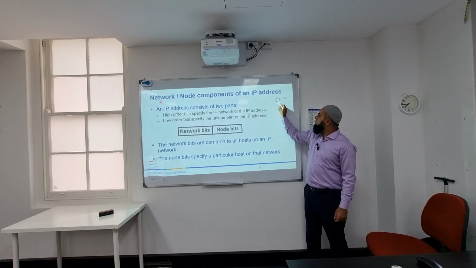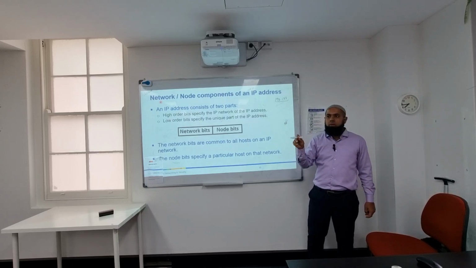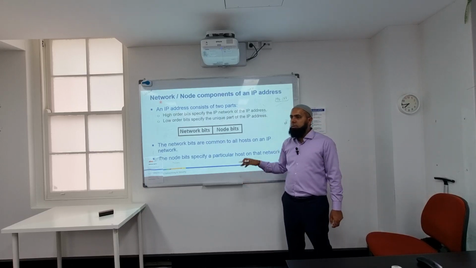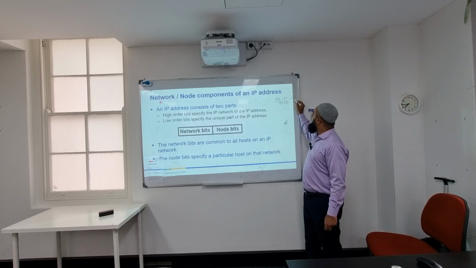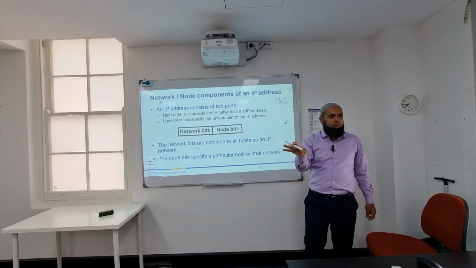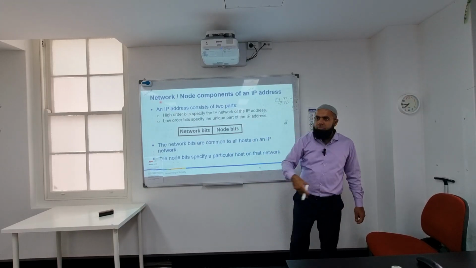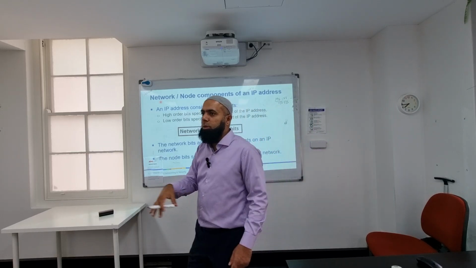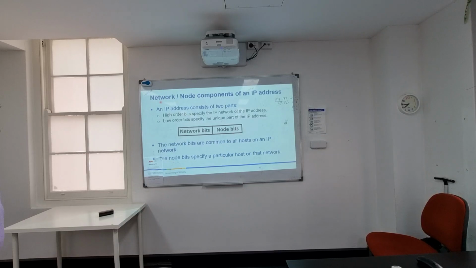It means that this would be the same for every computer in that local network. That is the network ID. After this, 1.1, 1.2, 2.1, 2.2 are my node bits, for the 10 or 50 computers inside that local network, each with their IP addresses.